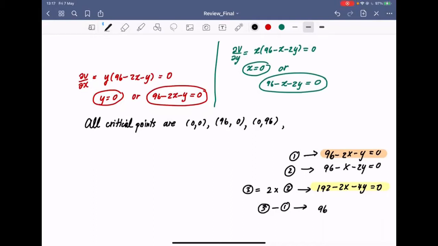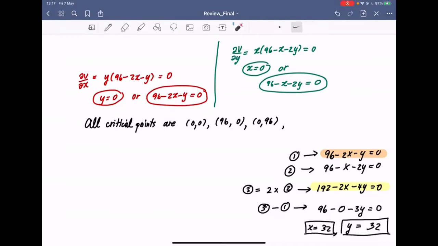Then negative 2x cancels out, get 0. And then negative 4y gives negative 3y here, and then 0. So that means y equal to 32. And that implies x equal to 32 as well. How do I know? Because if you plug in y equal to 32 back into any equation here, you get x equal to 32 as well. So that is how we solve the last critical point.